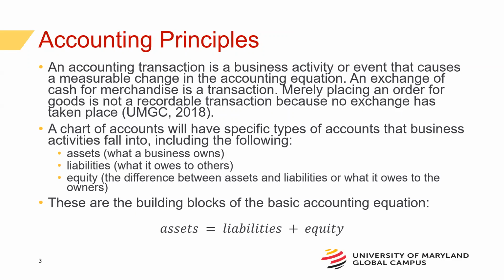We might owe loans that maybe we've taken out. These are all liabilities. Liabilities are anything that you owe to someone else. In your personal lives, you might owe a mortgage payment. You might owe a car payment. You might owe rent or something. These are things that we owe to someone else. Those are liabilities.